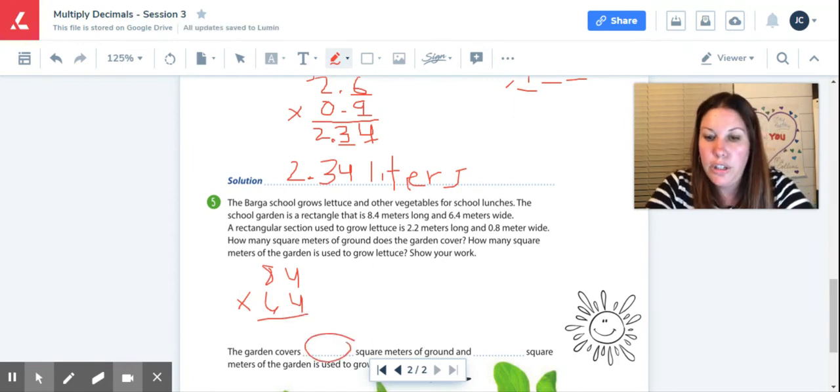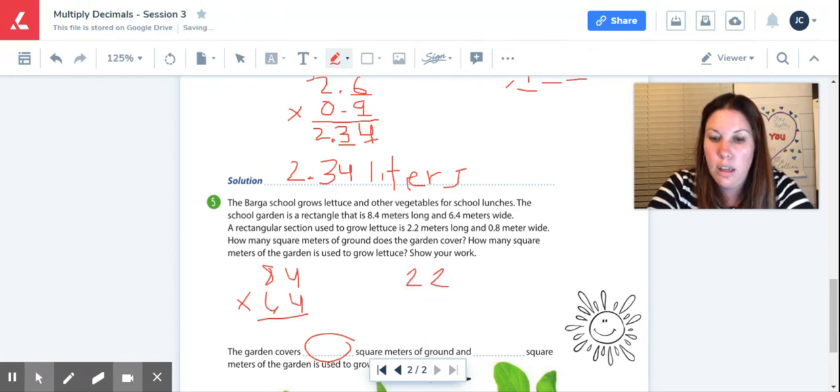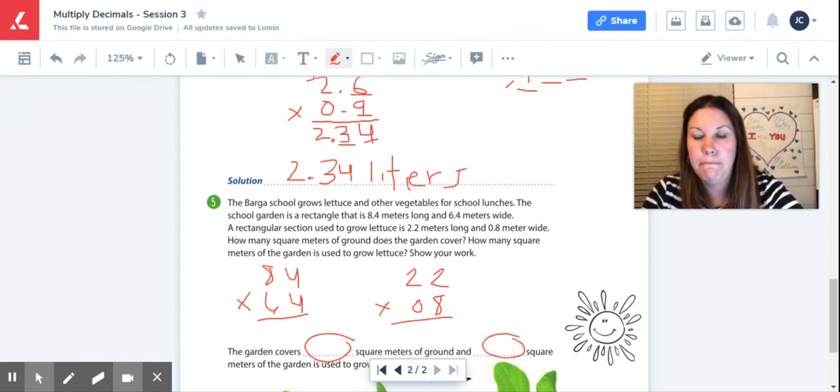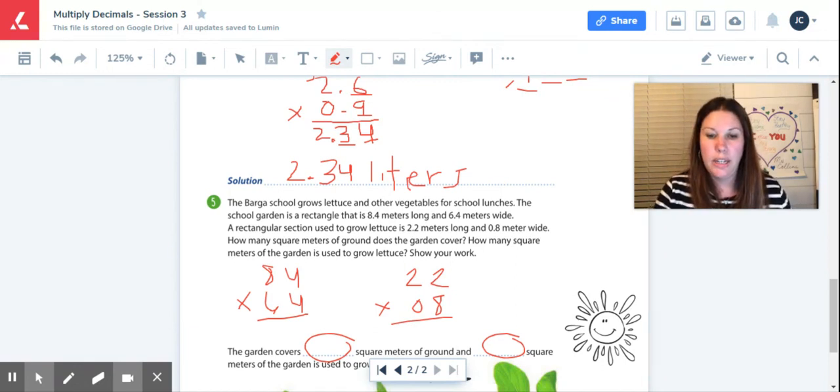And then you're going to do 2.2 times 0.8. And that answer is going to go for the lettuce right there. And there you go. Okay. So the only thing that I didn't put in here was the decimal points. Let me just add that real quick.